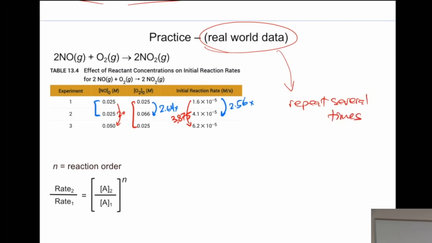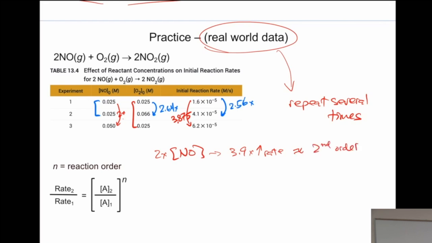But ultimately, what we're recognizing is that the concentration of NO looks like, let's see, when NO doubles, we get a 3.9-fold increase in the rate. That's approximately second order.